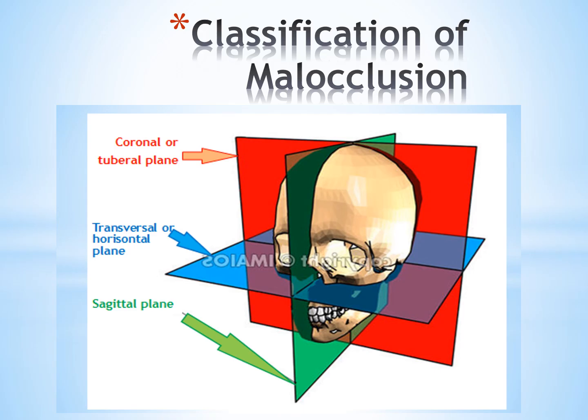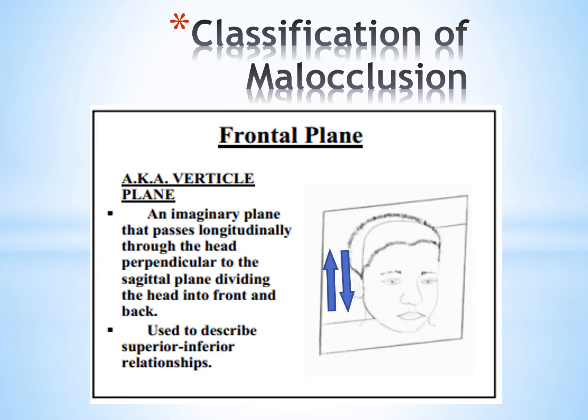Next plane, coronal or frontal, passes longitudinally through the head, perpendicular to the sagittal plane, dividing the head into front and back. It is used to describe superior-inferior relationships.